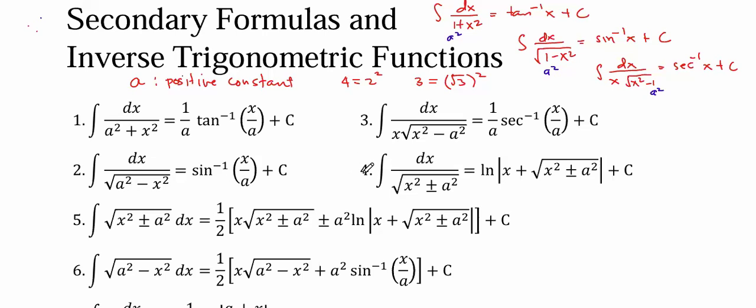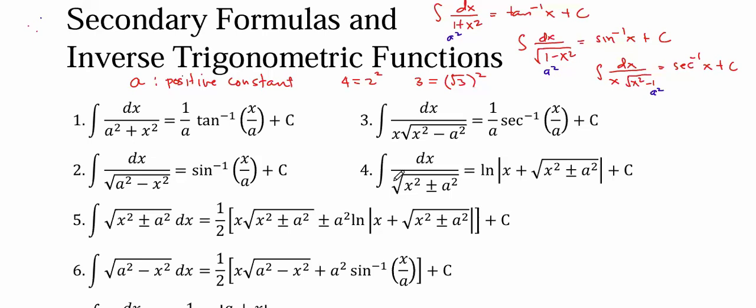For number 4, what if this is a sum, or a difference but with the non-constant term first? The answer would be ln of the absolute value of x plus the radical that is here, plus c.